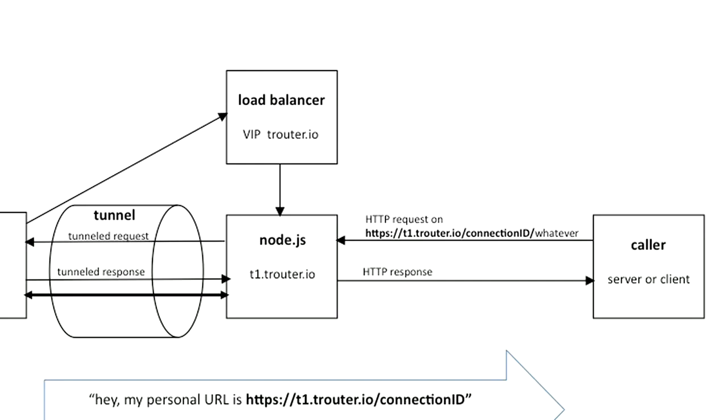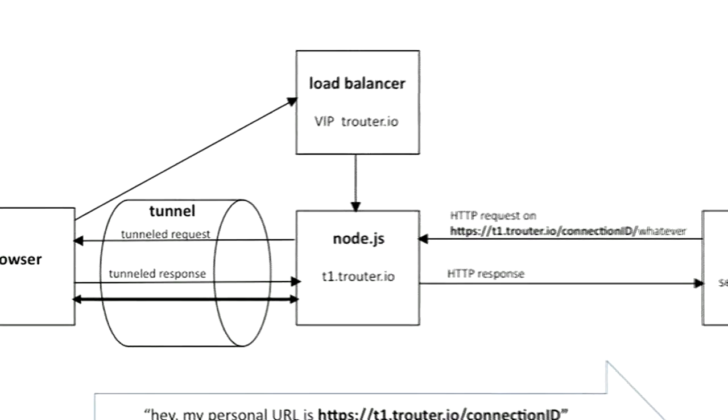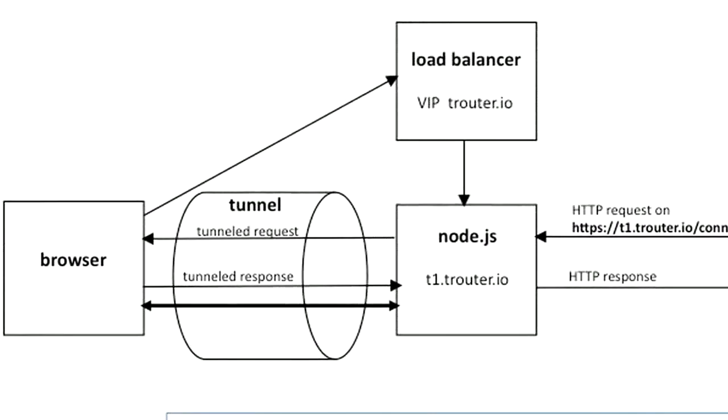And then that server looks into this URL and says, hey, this is the connection ID, right there. So let me fetch the connection object, and I'm going to use it. It forms a tunneled message, copies all the data from the HTTP request into a JSON object. That's a simple JSON payload, and sends it down the connection to the browser.